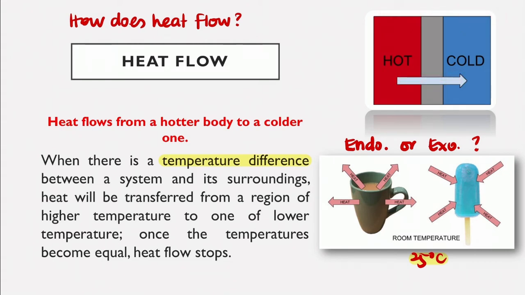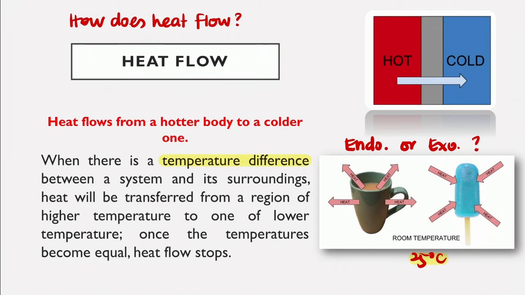When there is a temperature difference between a system and its surrounding, heat will be transferred from a region of higher temperature to one of lower temperature. Once the temperature becomes equal, heat flow stops. So it reaches an equilibrium in temperature.